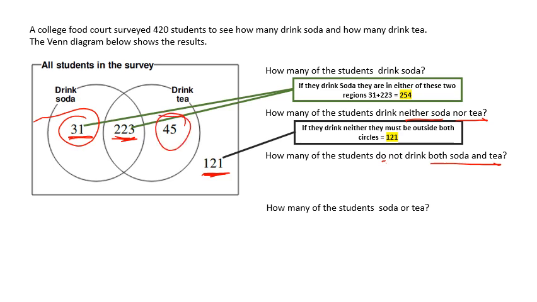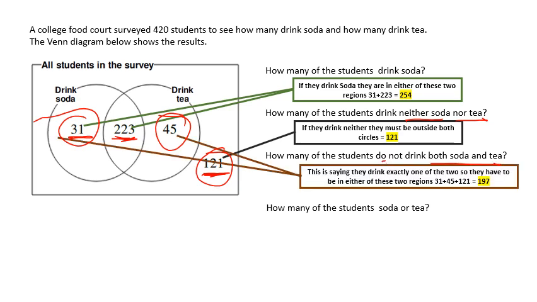But I bet you overlook that number. Because if you're standing here, you don't drink both. And that's what it's asking for. Be careful. So the answer is 197. No, my little line did not show up here, so I'll have to draw it in.